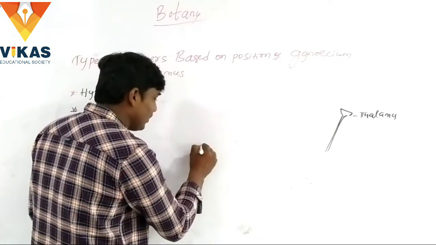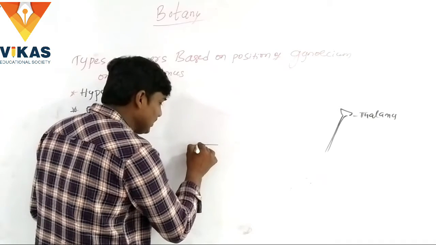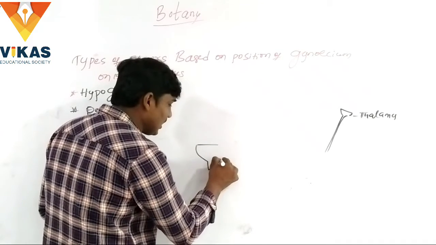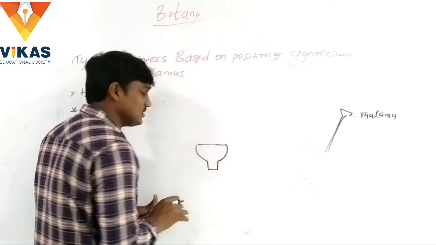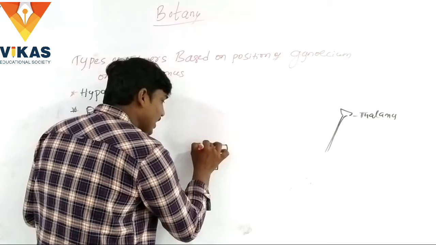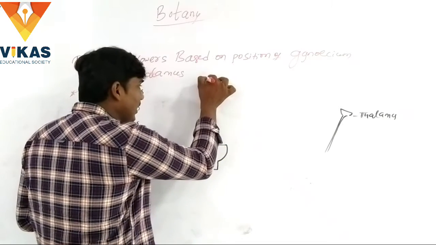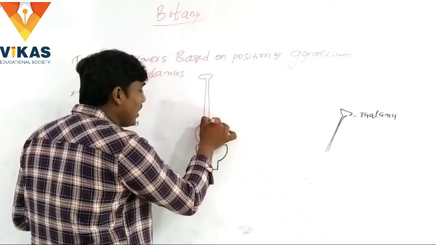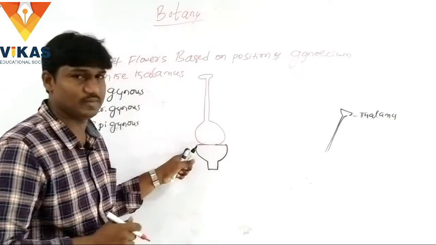In a hypogynous flower, this is the thalamus, and the ovary or gynoecium is seated on the highest position of the thalamus.